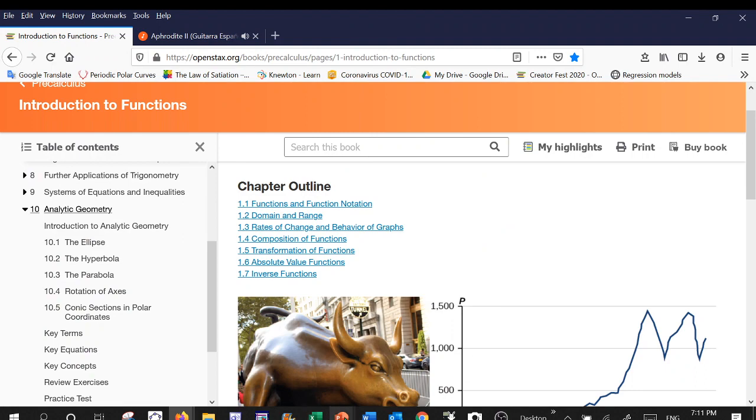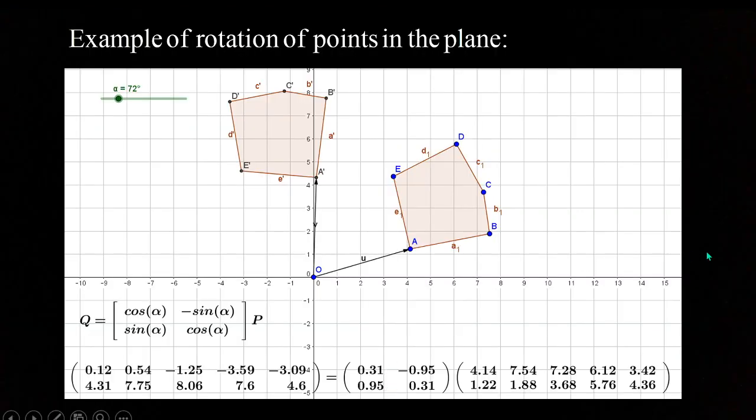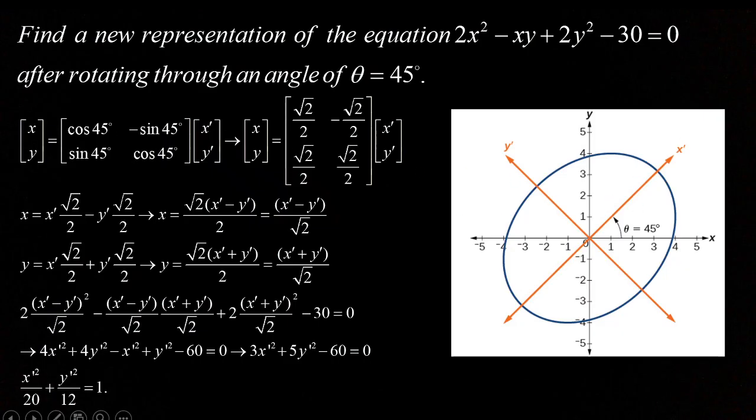So let us do an example of rotation. Suppose I want to represent this in an x prime, y prime system by rotating the axis by 45 degrees. So this becomes cosine 45, sine 45, sine 45, cosine 45, which is basically square root of 2 over 2.